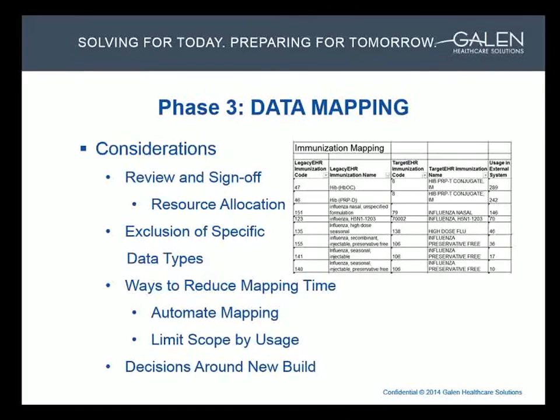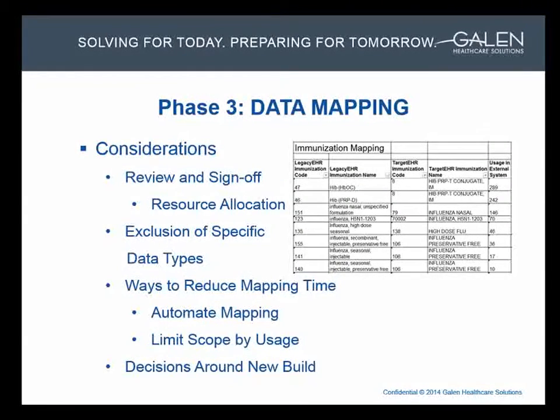During the initial mapping and client review, people may find certain records or data elements that they don't want converted to the target system. For example, I have had conversions where the client realized that the medications weren't accurately being entered into the legacy EHR, so they decided not to convert them to the new EHR.